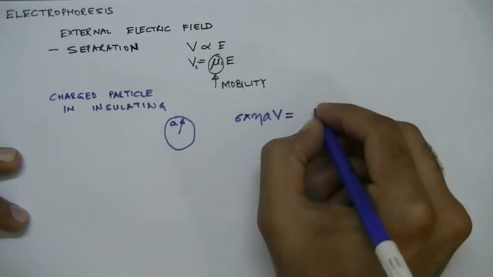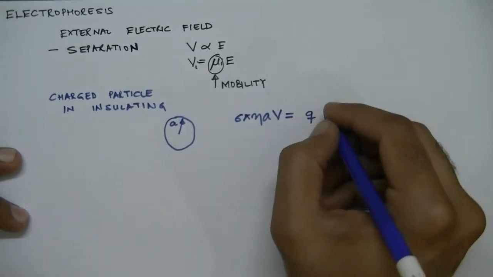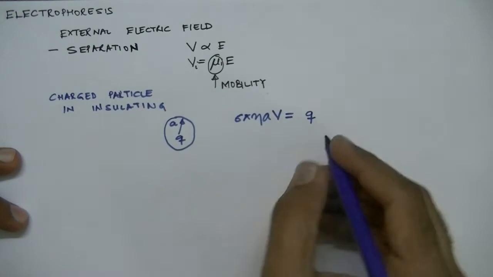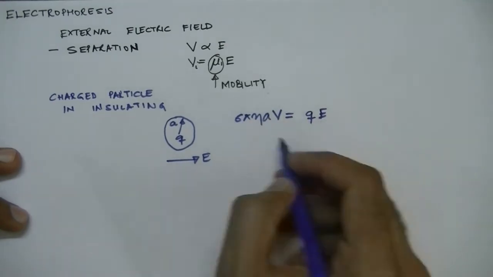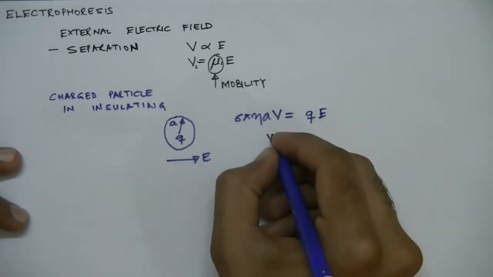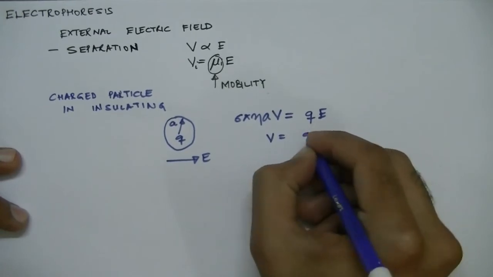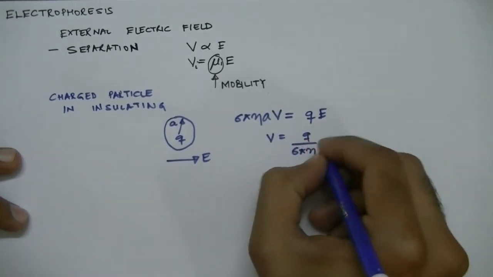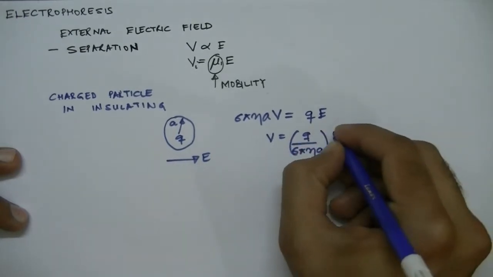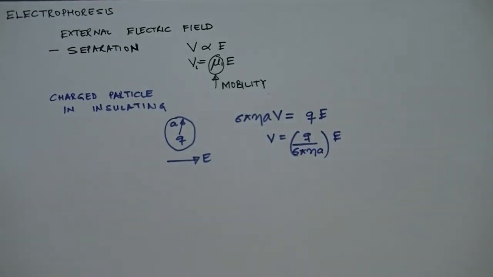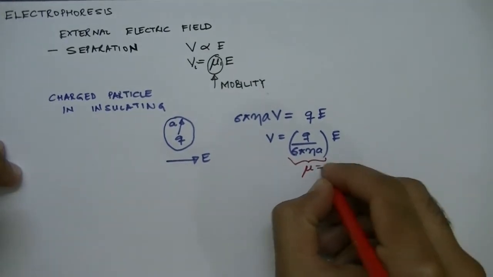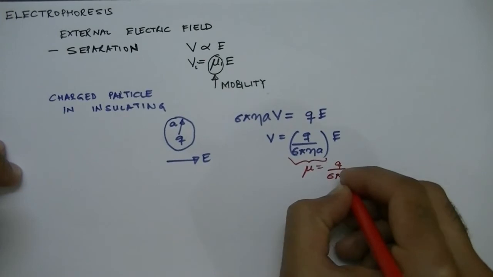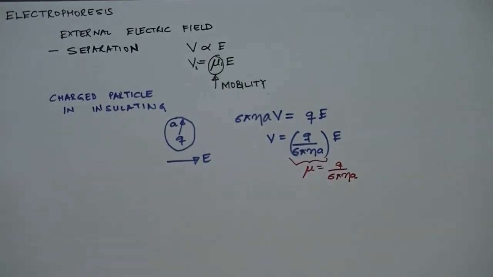And if you balance this with the Coulombic force, so let's say you have charge Q on this particle and you apply an external electric field E, then equating the drag force with the Coulombic force gives the velocity, which is Q over 6 pi eta a times the electric field. So in an insulating liquid, the mobility is given by this quantity, that is Q over 6 pi eta a.